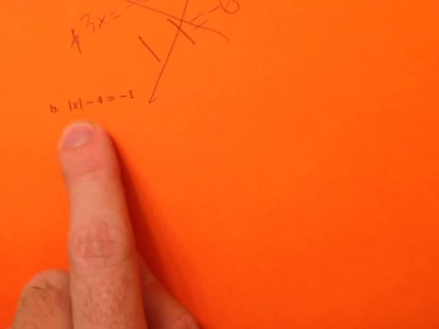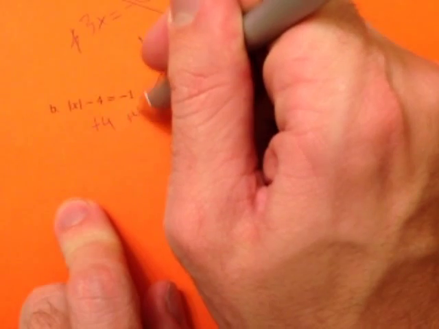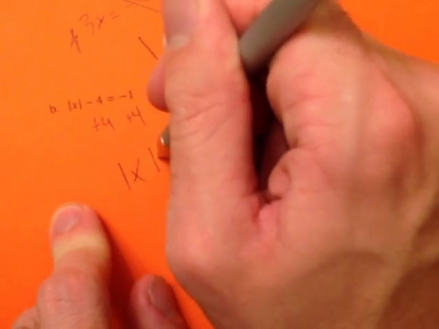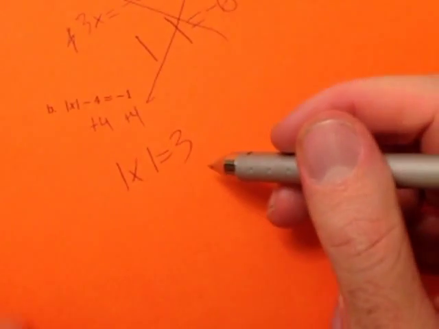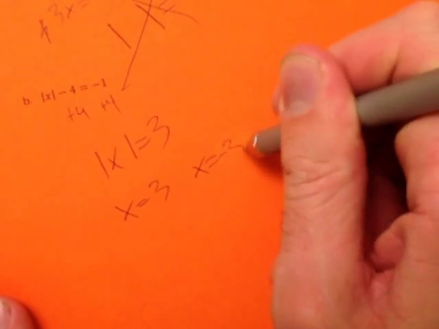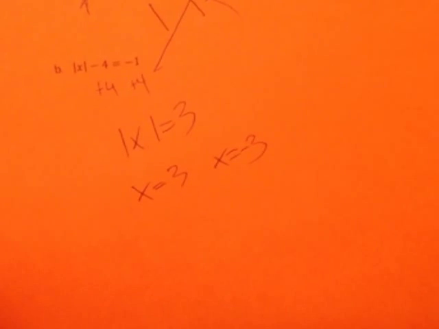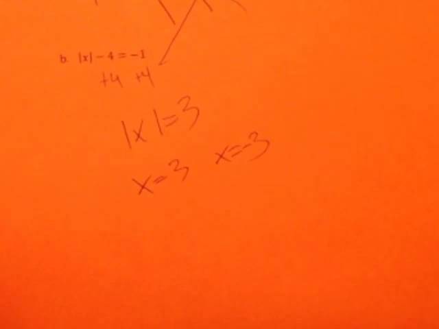I know that this could be a 3, which is what I find when I add 4 to both sides. I get the absolute value of x is equal to 3. From there, I find that x is equal to 3 or negative 3. So the reason that B is tricky is because you have to isolate the absolute value first before you set it equal to the positive and negative value.